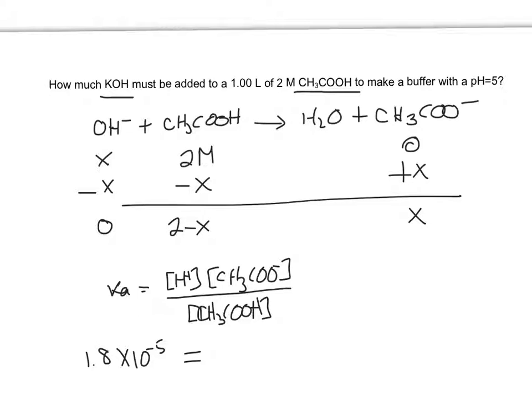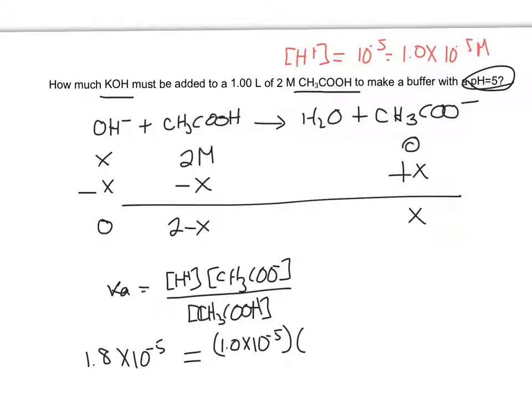My H plus, I know I want my pH to be 5, so that means that my H plus concentration needs to be 10 to the negative fifth, which is 1.0 times 10 to the negative fifth molar, basically. So that's my H plus, 1.0 times 10 to the negative fifth.